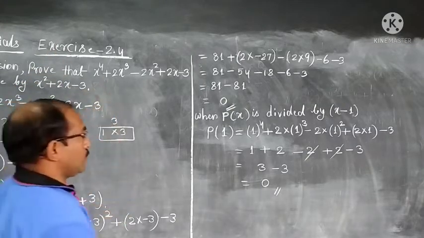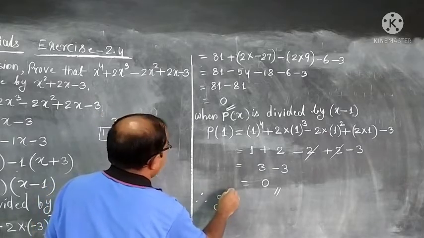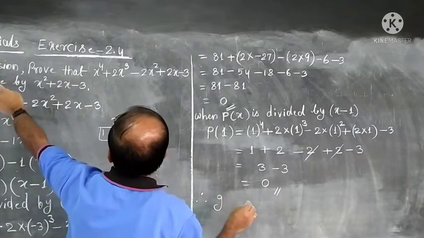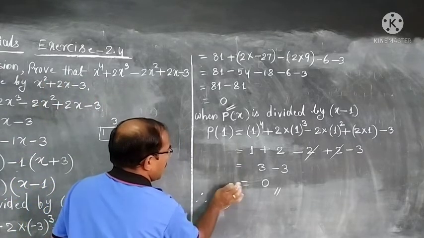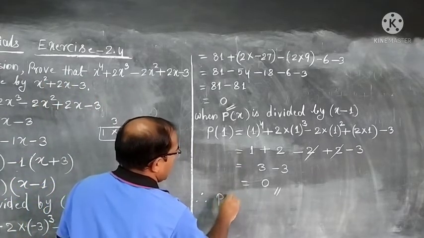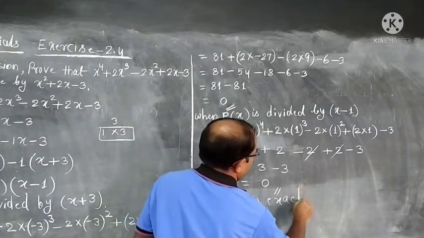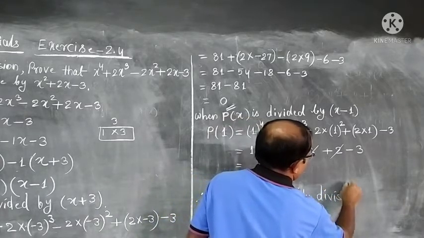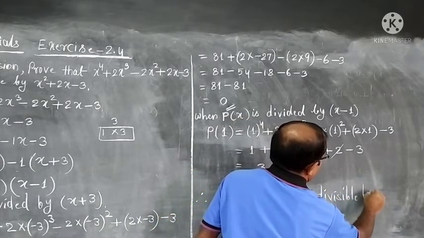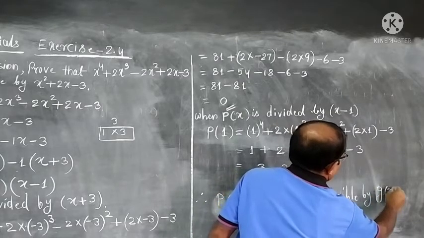So we will be able to write, therefore, g(x), what is the question? Find without actual division, prove that this is exactly divisible. So we write, therefore, p(x) is exactly divisible by g(x), proved.